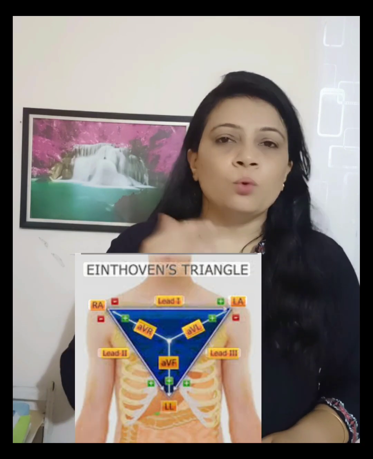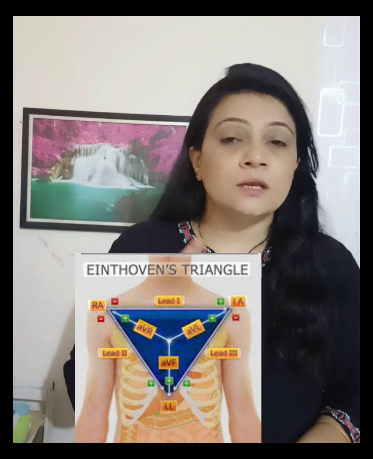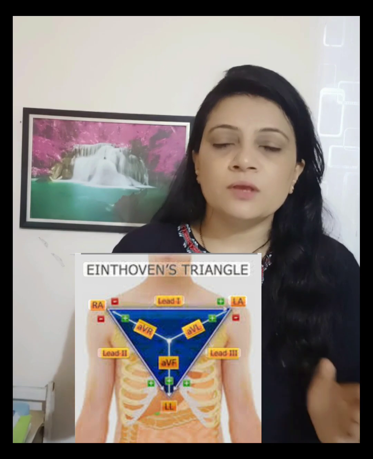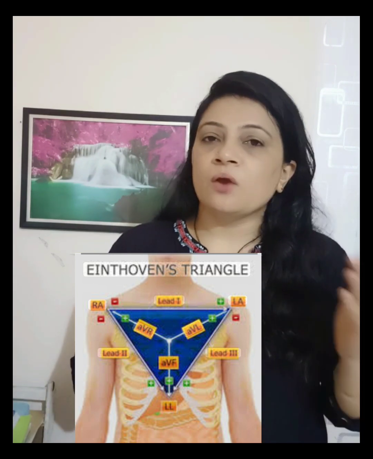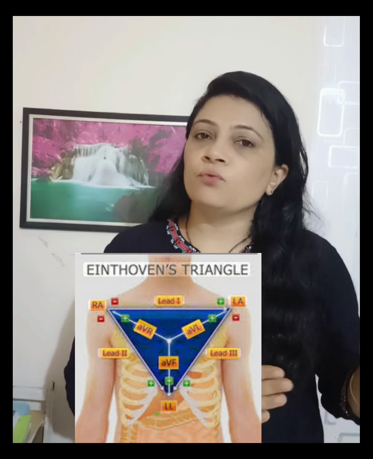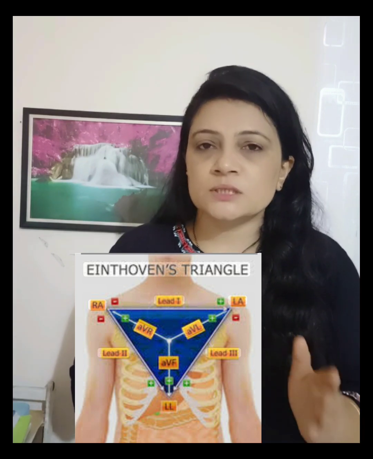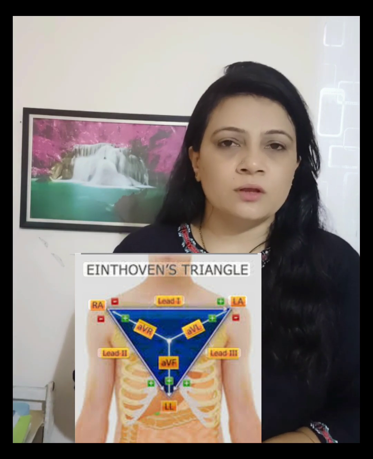Now I'll tell you about the different ECG leads. ECG leads are unipolar and bipolar. In the unipolar leads, we have limb leads and chest leads. In the limb leads, we have AVR, AVL and AVF. In the chest leads, we have V1, V2, V3, V4, V5 and V6. These are the chest leads, or precordial leads.